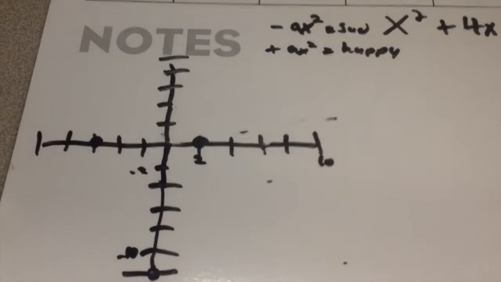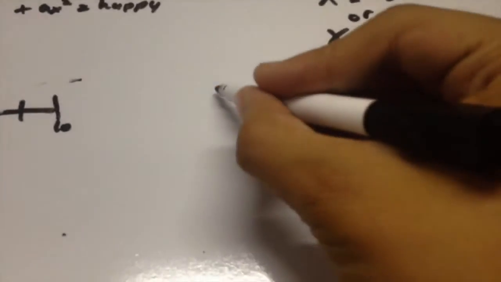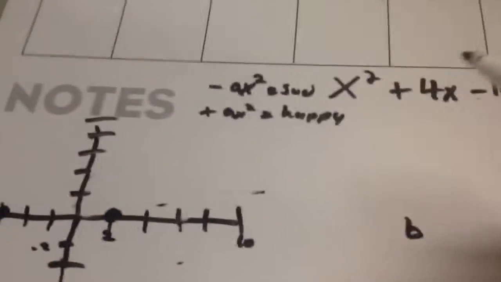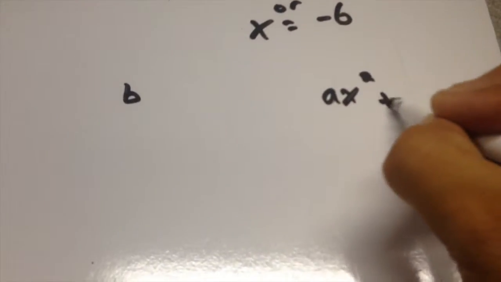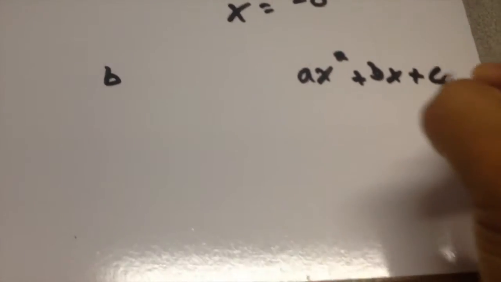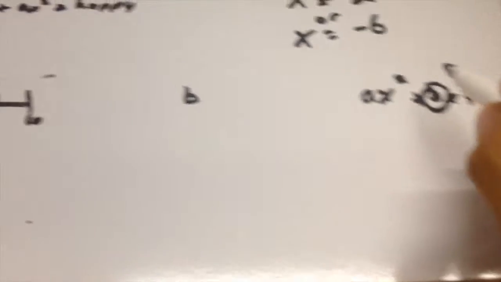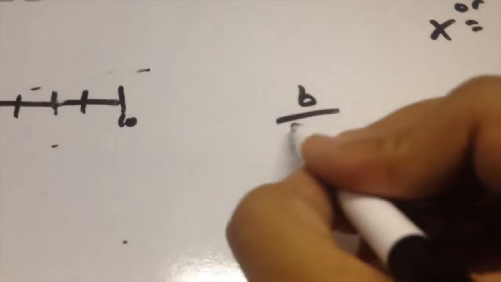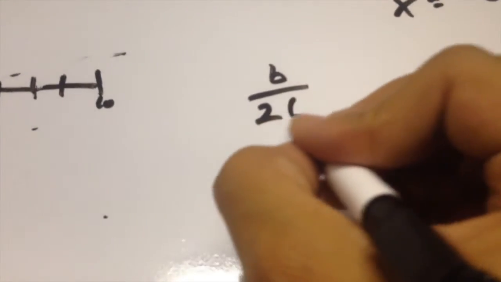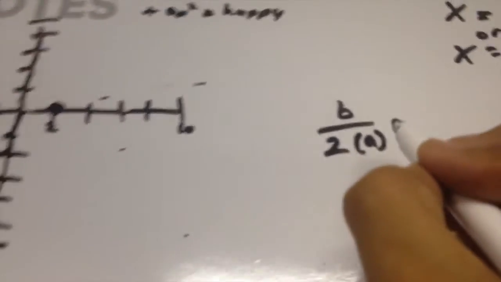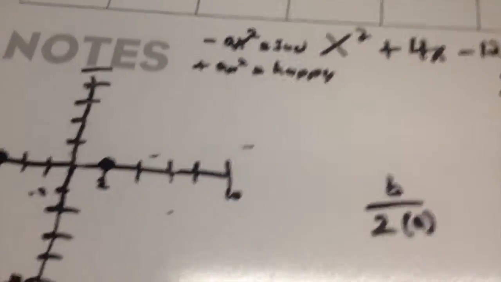So to find the vertex, we need to take b, which is, remember, ax squared plus bx plus c. We have to take the b, and we have to take that, multiply it by, and then over 2 times the a. The a is, in this case, just 1.